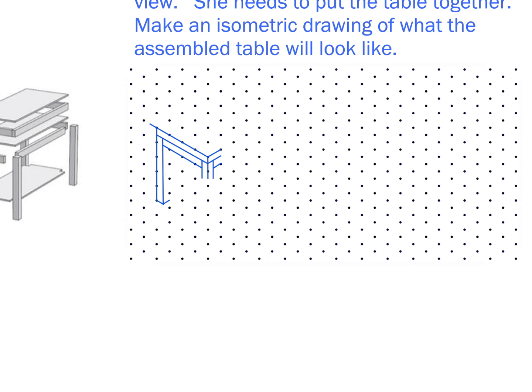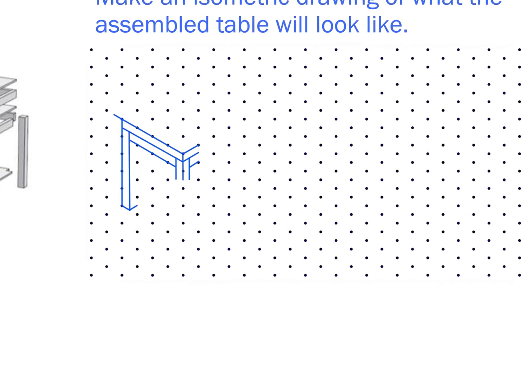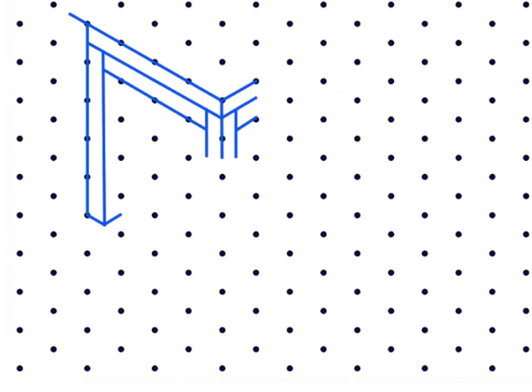So we should probably finish these legs that are here. So let's see if we can do that here. And do this with a ruler if you can, just because you're going to get a better result. Actually, maybe I will try and use my ruler even though it won't be 100% even.